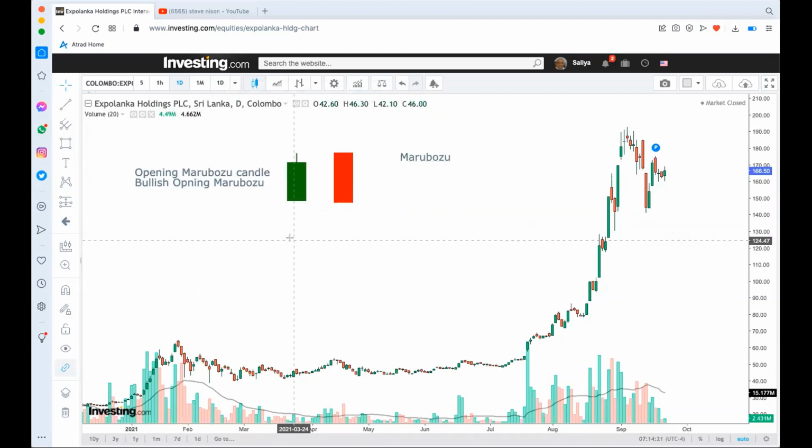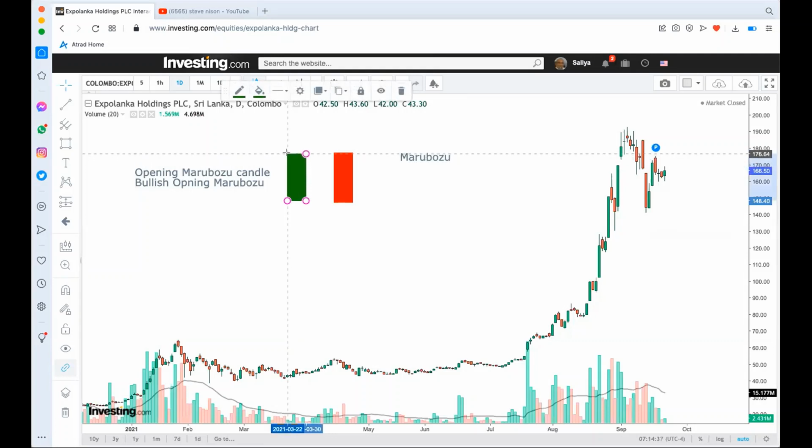Having said that, it does not necessarily mean that you will see only a candle where the open and the low are the same and the high and the close are different. You might see something of this nature as well, where it opens, comes down, and closes at the high.